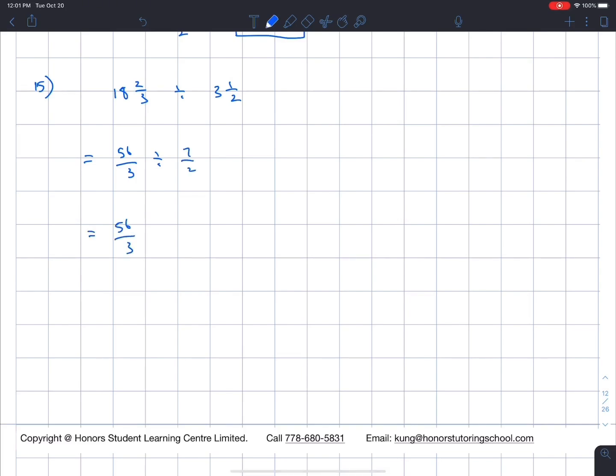We have 56 over 3 times 2 over 7. Divided by 7 to get 1, divided by 7 to get 8. 8 times 2 is 16, 16 over 3. So we get 3 times 5 is 15. We have 5 1/3 boxes. So we can fill 5 1/3 boxes with these papers.